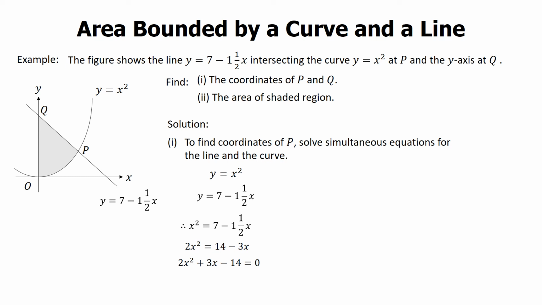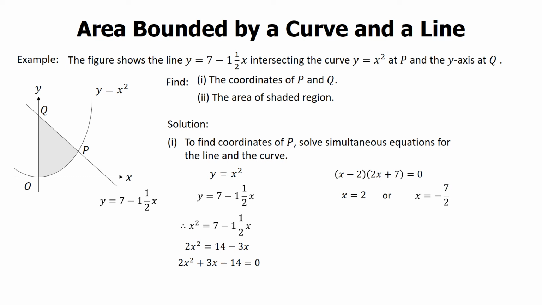Bringing all the terms to the left hand side, we get 2x squared plus 3x minus 14 equals 0. Factorize, we get (x minus 2)(2x plus 7) equals 0. Therefore, x equals 2 or x equals negative 7 over 2.